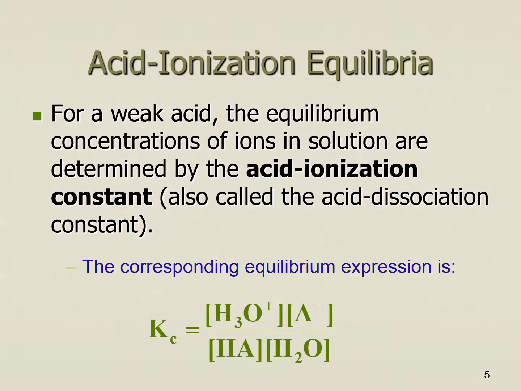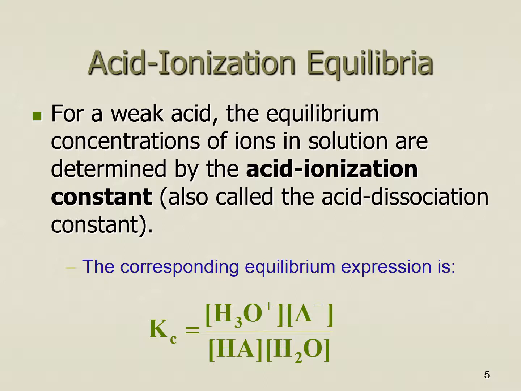Then we can set up the equilibrium expression. Remember, products over reactants. And again, here's the reason why we usually don't include pure liquids, because they're actually a constant. So we saw that in the last chapter. The H2O, which shows up in the denominator, since most of the solution is water, is pretty unchanging, and so we consider it a constant.